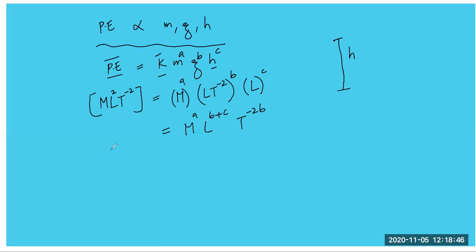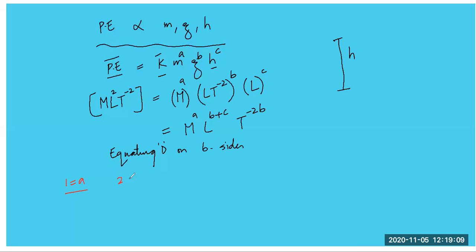So now I equate the dimensions. Equating dimensions on both sides, so what will I get? M is 1, equal to a. So I got a is equal to 1.